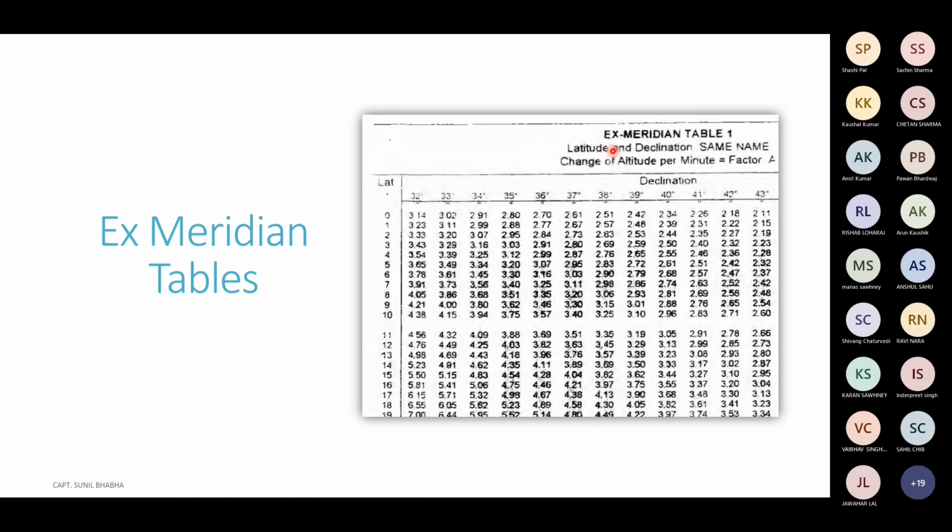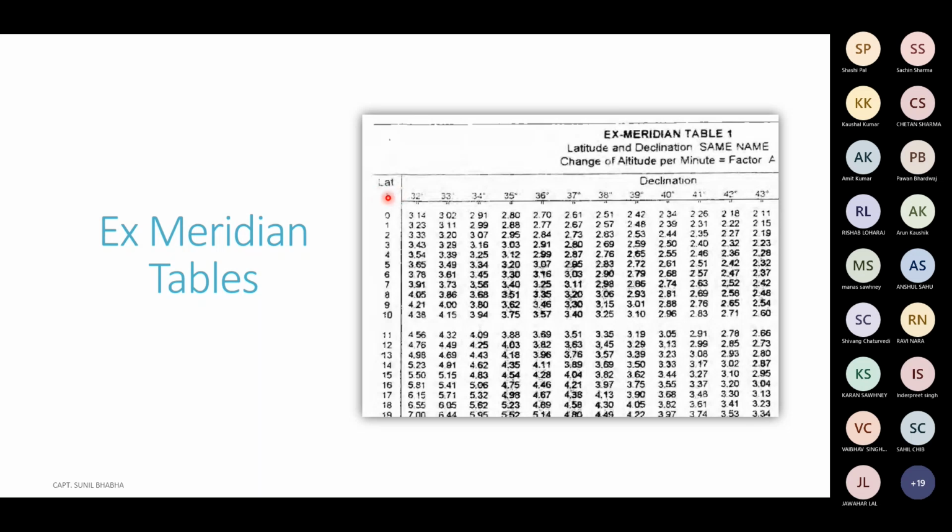So let us see now, how do we obtain the X meridian limit for a particular body? Now, if you see in this X meridian table number 1, you can see on the horizontal axis we have the declination. This is the declination of the celestial body whose sight is being taken. And on the vertical axis, you have the latitude. This is the latitude of the observer.